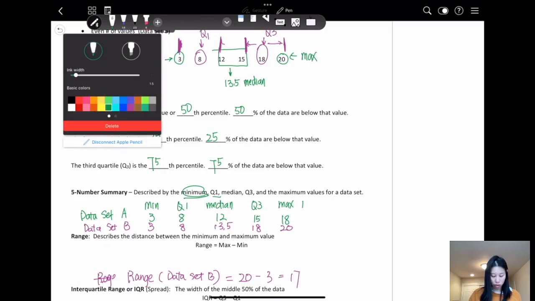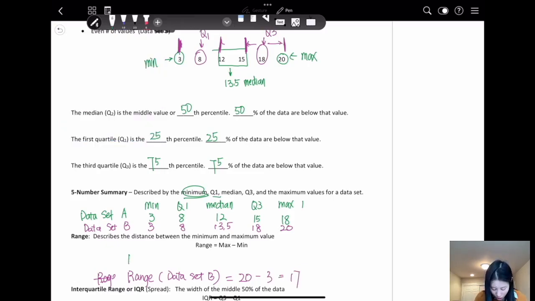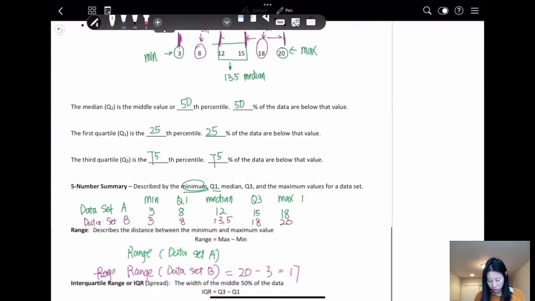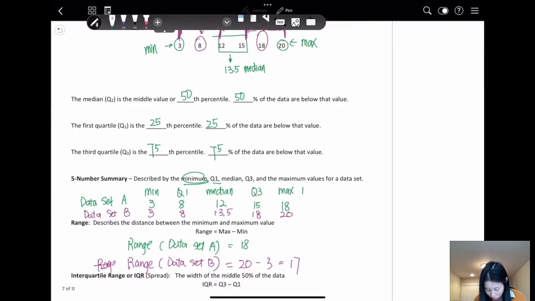So now what about data set A? We use the same method. We find the maximum, which is 18, and the minimum is 3. So we have 18 minus 3, which is equal to 15. So the range of data set A is 15.